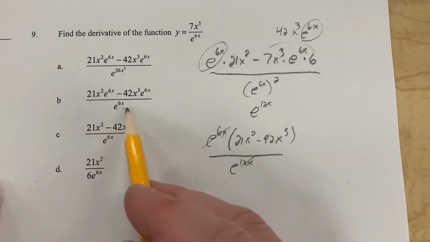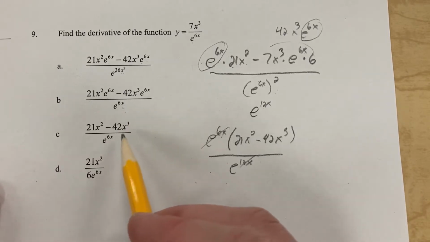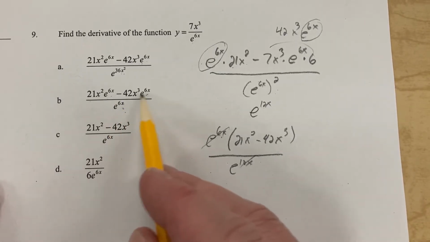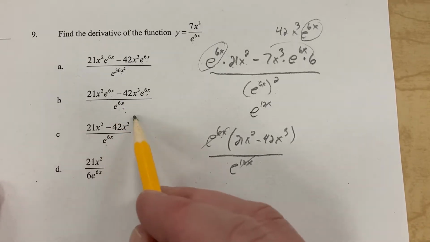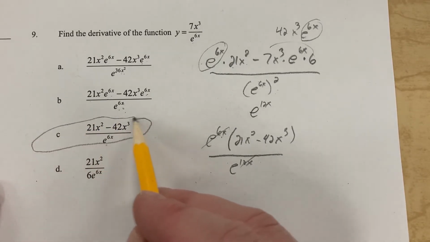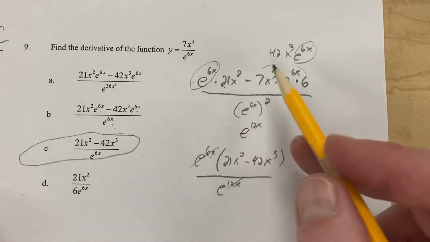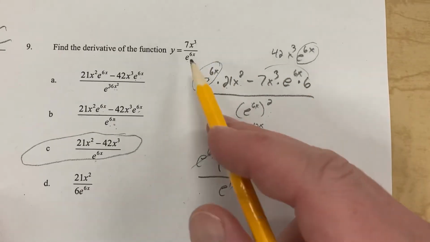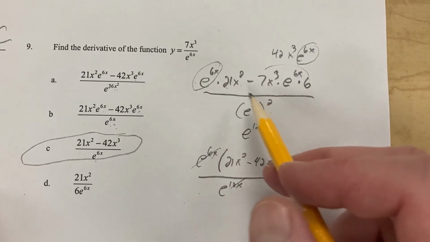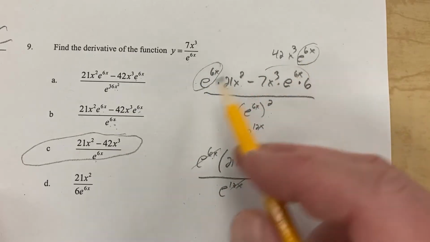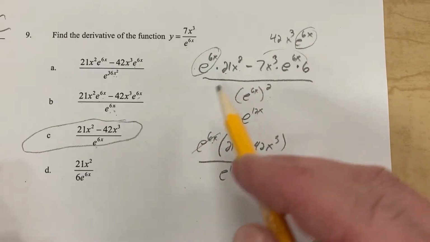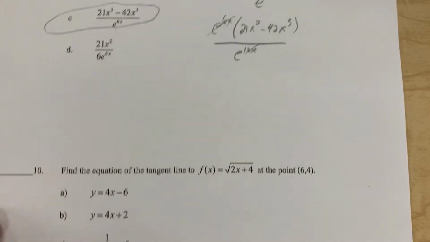So while it looked wrong initially, it ends up being correct once you do the canceling. C is our choice. So if you did all this beautiful work and you have this set up, you know the quotient rule, you know how to take these derivatives, you did okay there. This is a very sneaky extra step that I would doubt they would ask you to do very often.